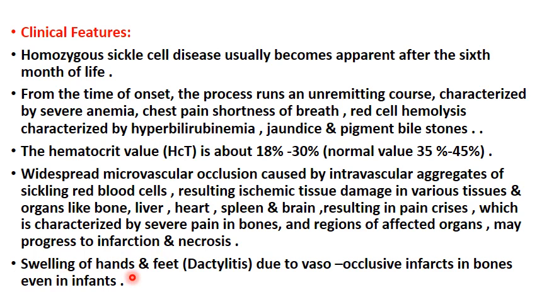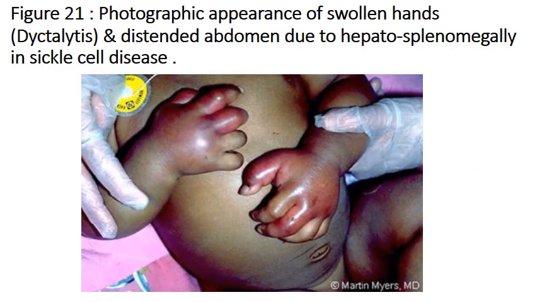There is swelling of the hands and feet. It is called dactylitis. This is also due to vaso-occlusive infarction in the bone, even in infants. This is usually seen in homozygous sickle cell. This is a photographic appearance of the swollen hands, dactylitis.